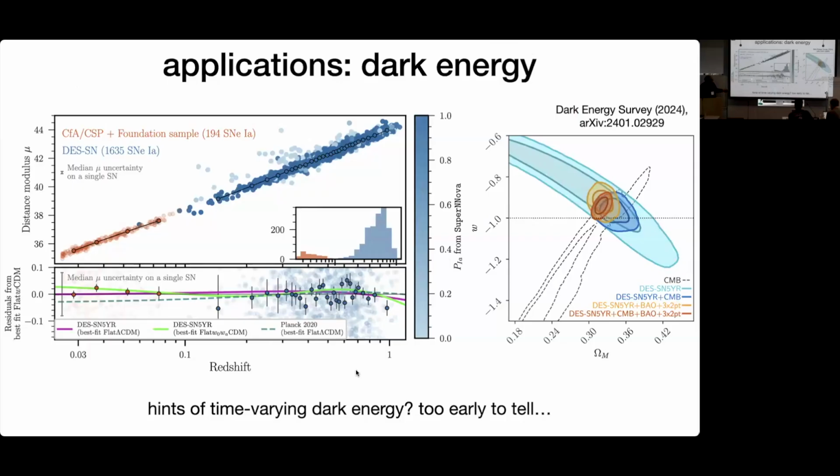For this time-varying dark energy signal, you can see it's in green here. There's this kind of funny thing happening at the lowest redshifts, where the dark energy is changing now. But the problem is the lowest redshifts set your anchor, so you can move this line around. It turns out that the biggest deviations between, say, a flat lambda CDM model, which is purple, and the data are at redshifts 0.2, 0.3, 0.4. Those separate out.